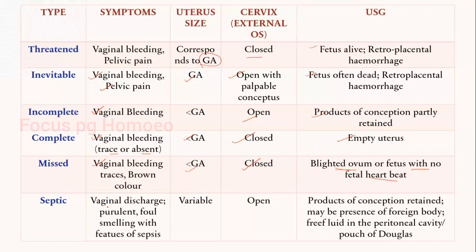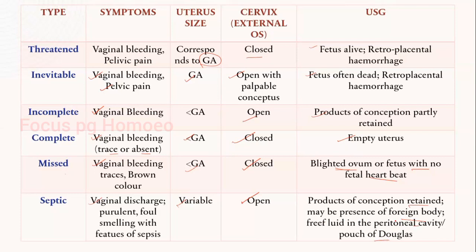Now, septic abortion, which is a rare type: vaginal discharge is purulent, foul smelling, with features of sepsis, and variable uterine size. The cervix, or external os, is usually open, and products of conception are retained, maybe with the presence of a foreign body, which is the cause for sepsis, and free fluid in the peritoneal cavity of the pouch of Douglas.